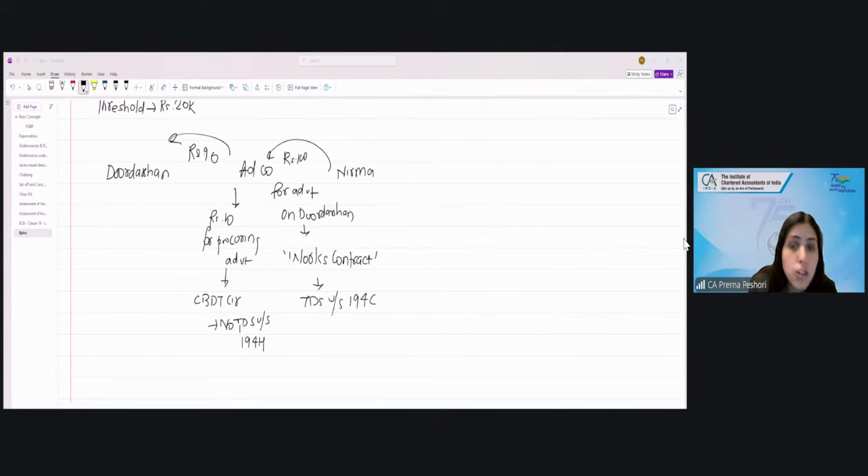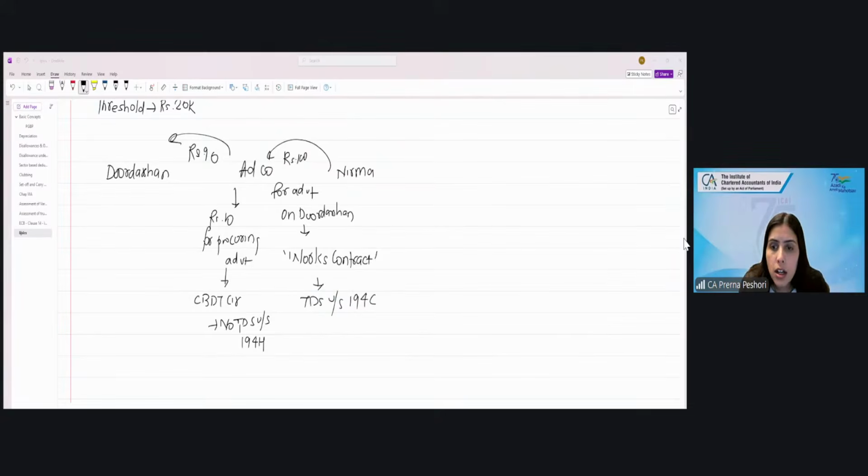And there is also a Supreme Court ruling in the case of Prasar Bharati. What did the Supreme Court rule here? That commission or brokerage covers any payment received directly or indirectly by a person acting on behalf of another person.